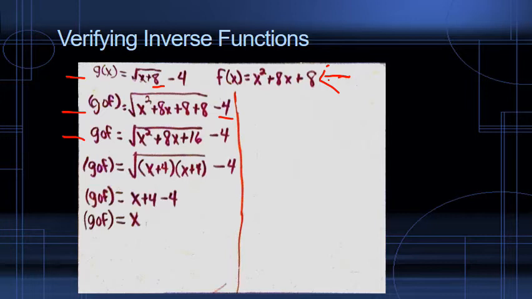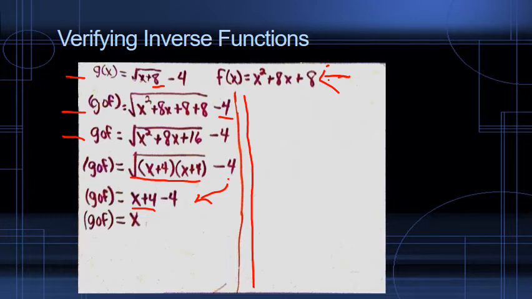And we can now take the square root of this, which is x plus 4. And now we're left with x plus 4 minus 4. Don't forget our minus 4 coming from here. And g of f is equal to x. And so g of x is an inverse function of f of x.